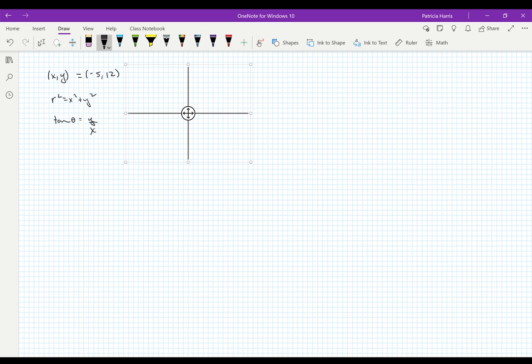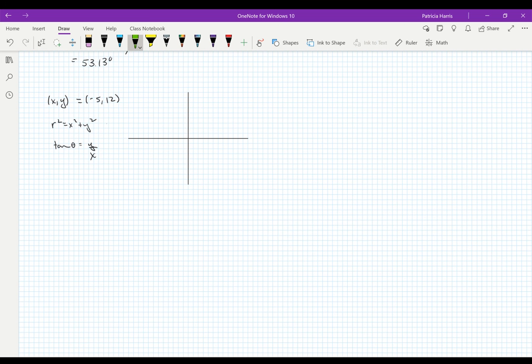You'll notice that you have a negative x, so that's going to put you in the second quadrant. So negative 5, 12. 2, 4, 6, 8, 10. I made it a little too short, but that's okay. 2, 4, 6, 8, 10, 12.